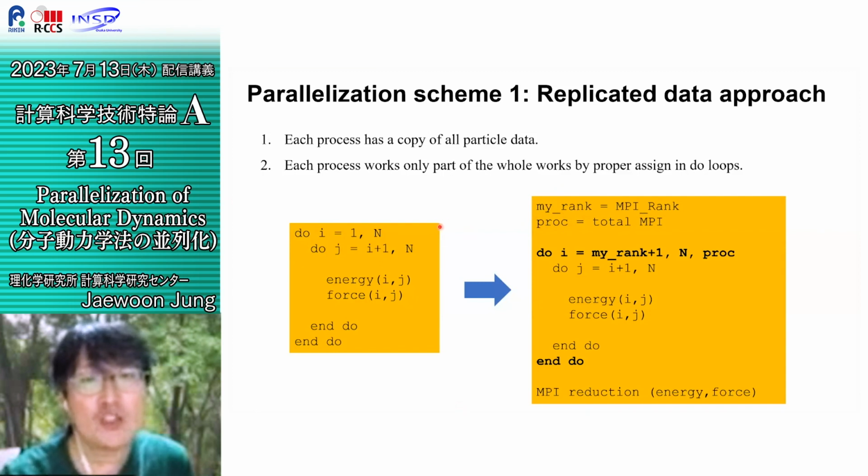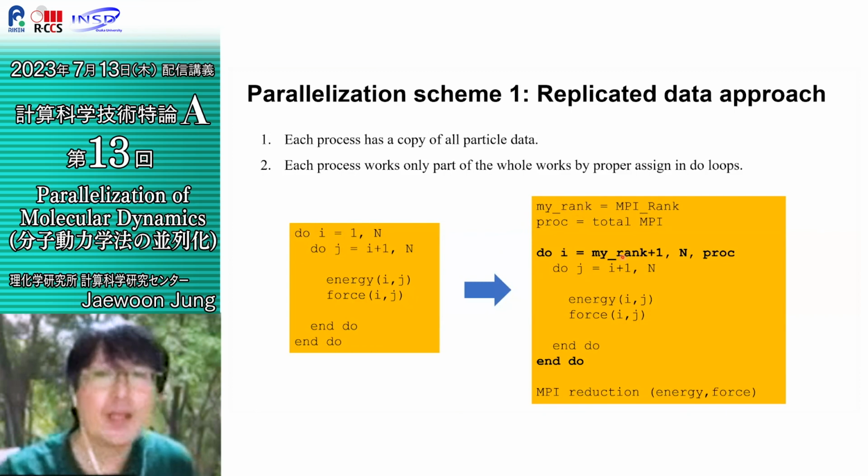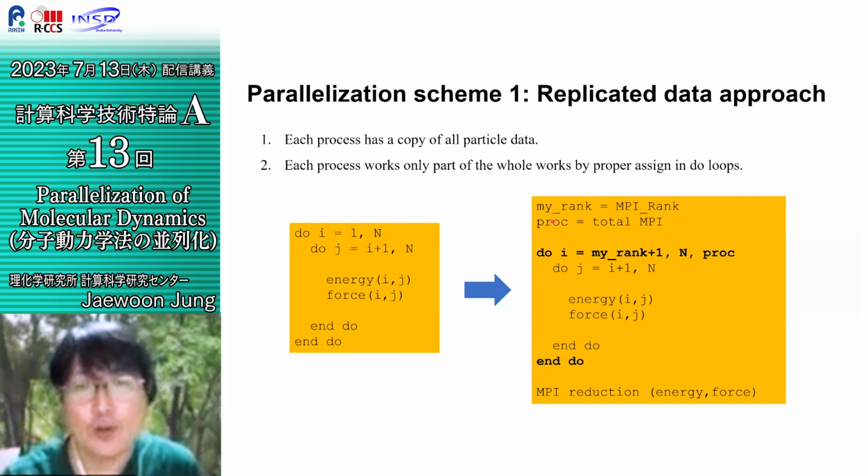If we change just this one in this way, then you can parallelize based on this rank number. Some processors skip the unnecessary calculation, and we can reduce the total computational cost.